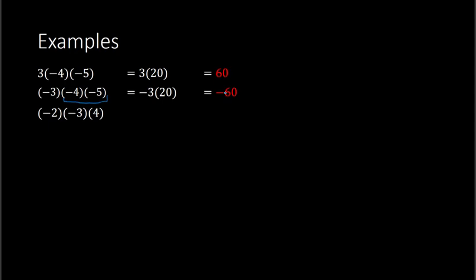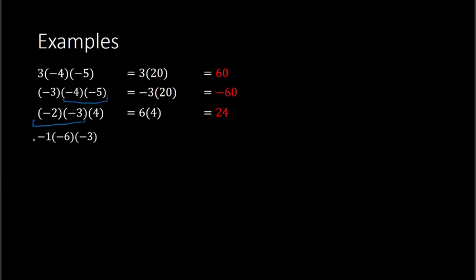Next example, we have -2 times -3 times 4. Well, -2 times -3 gives me a positive 6. Negative times negative is positive. Then 6 times 4 would give me a positive 24. Next we have -1 times -6 times -3.